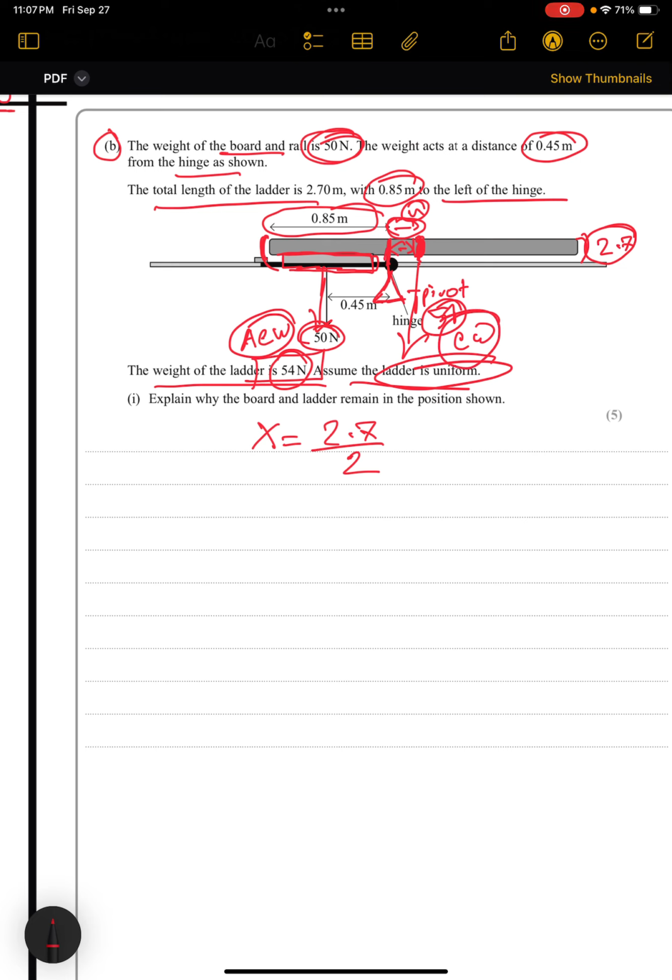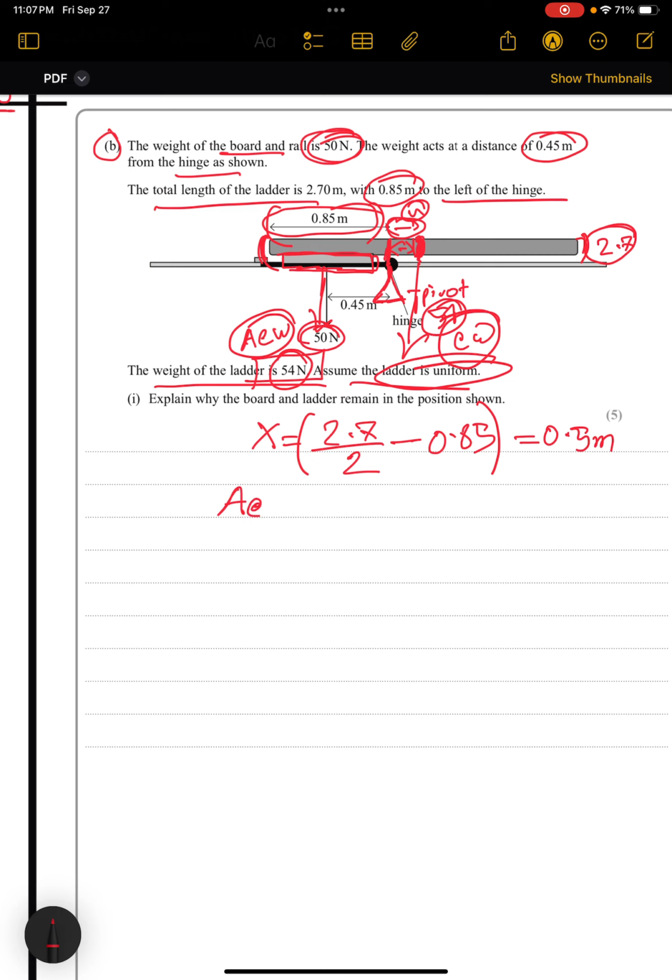We cannot take the half of this ladder, we have to take it from the hinge. So minus 0.85, which will be overall 0.5 meter. So now we have been able to find this.